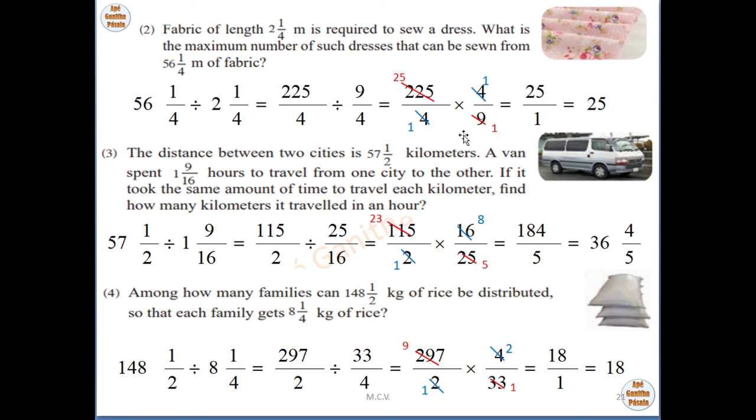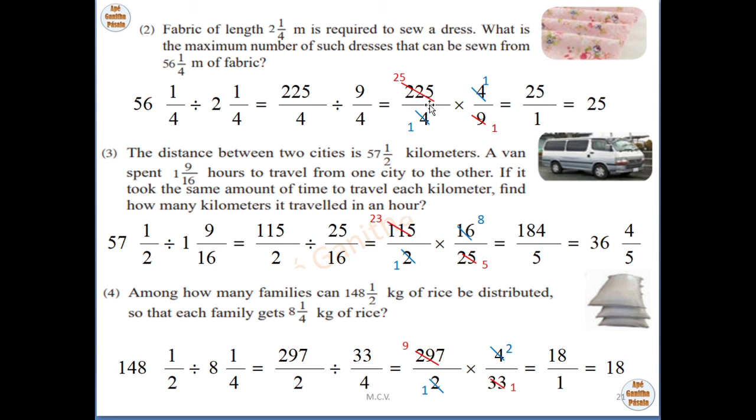That is similar to the previous unit. 9 divided by 9, 1. 225, take a piece of paper and divide. When you divide 225 by 9, your answer will be 25. I have marked it using blue color.